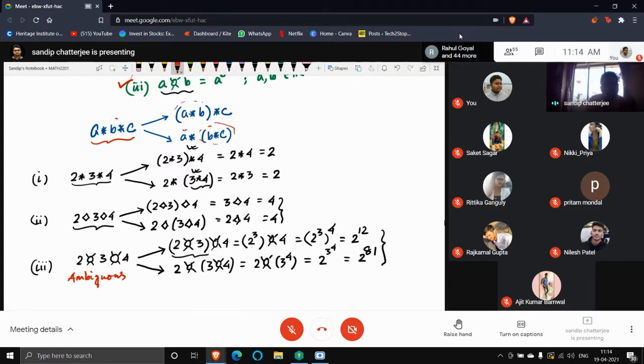Or the first and second can be operated, and the answer can be operated with the third one. There are some binary operations where this will create no problem. The end result will be the same. But there are some binary operations where you cannot do that. You need to keep in mind in which order you are doing the operations.